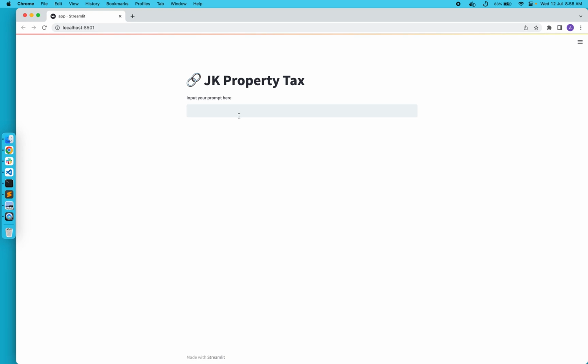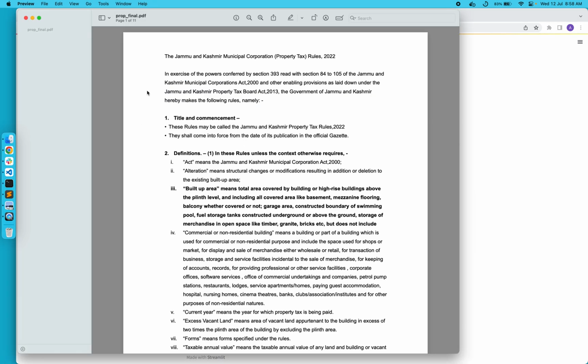So I can put my doubts here, and it will give me a natural language response like a human to those doubts. The model is trained on this, so it will be real time.